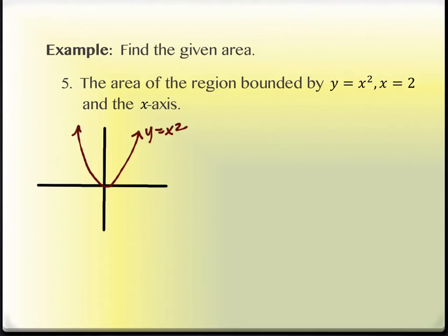What does x equal 2 look like as an equation? Yes, it looks like this. It is a vertical line at 2. So over here at 2, I have a line. So this is x equal to 2. And then the x-axis, of course, is the horizontal axis that's already drawn in, right? So if I draw that over, I'll draw it in blue down here. So this is the x-axis.